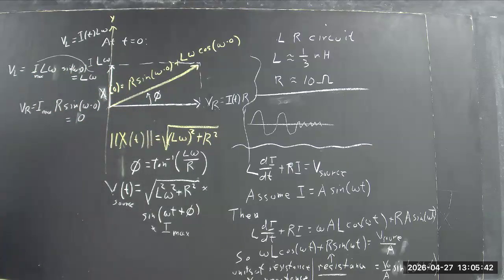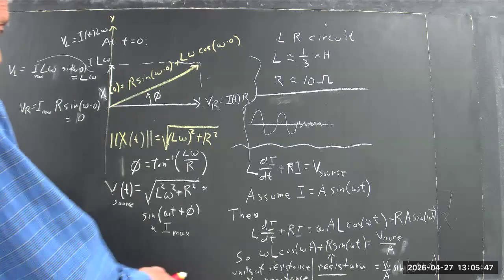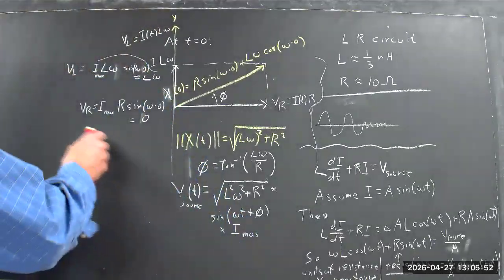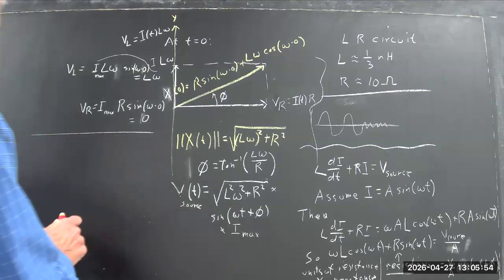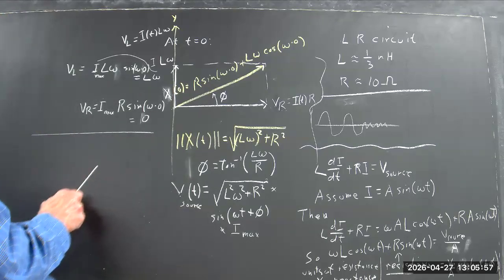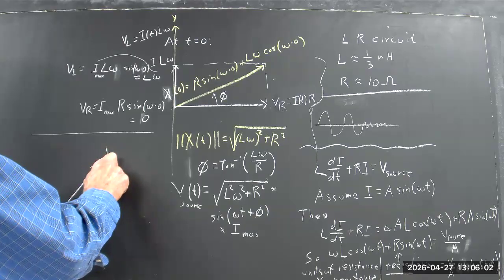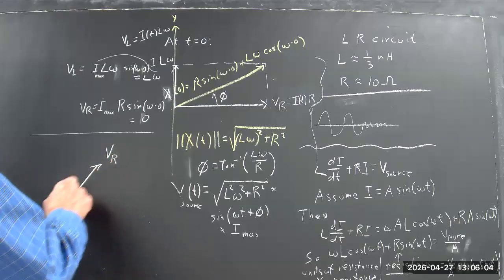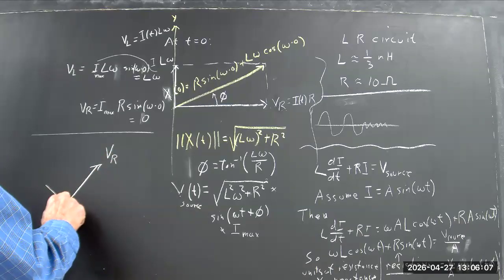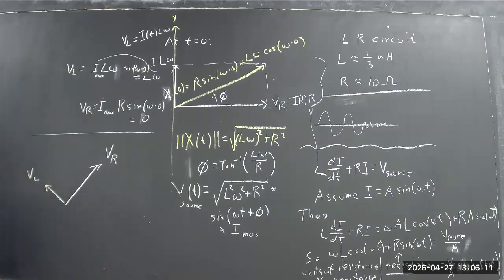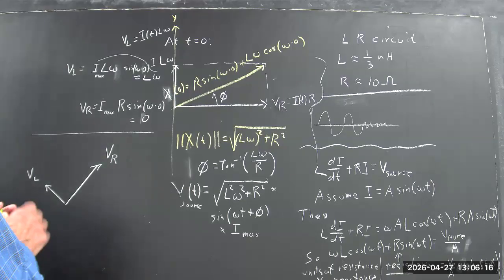I could have just drawn the whole picture, but I didn't want to do that. Okay, well, here's the bigger picture. Now you have VR and VL and the resultant.